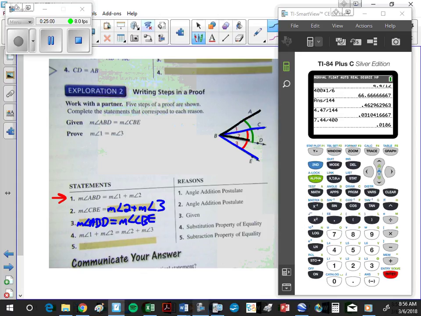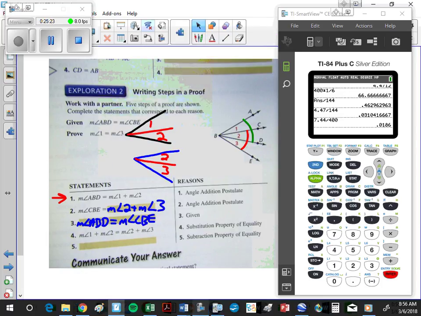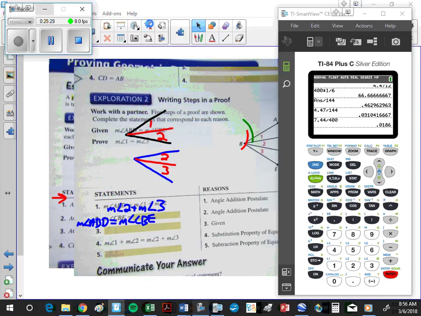This angle here, the black angle, is created by 1 plus 2. And then the second storyline is the blue angle is created using 2 plus 3. Well, how is that going to help?